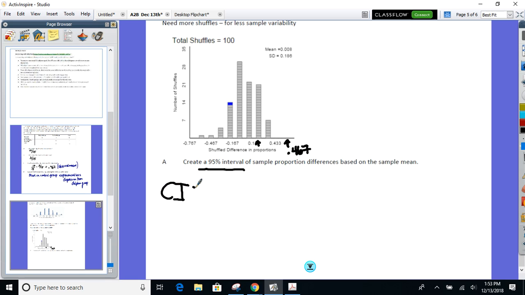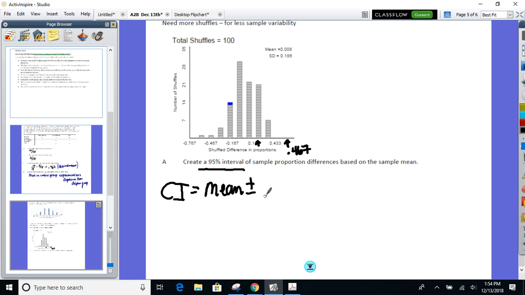Remind me, if I wasn't here yesterday, what was the formula I'd given you? Look back in your notes if you need to. How do you make that confidence interval again? You take your mean plus or minus the, what do we call that?